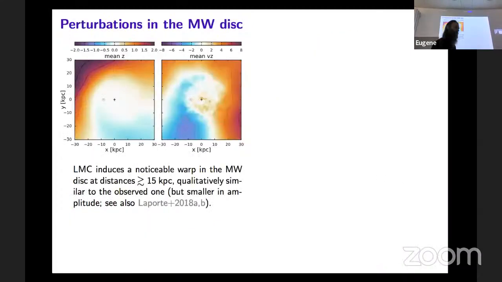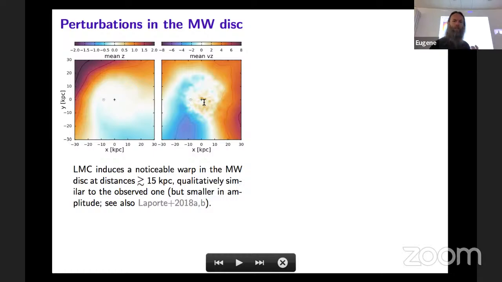We know that there is a warp in the Milky Way's disk at distances beyond 15, 20 kiloparsec. And this warp could in principle be induced by the LMC, or at least partially caused by it, because as it passes through the disk, things get perturbed. This is the perturbation in the mean z coordinate and the velocity.